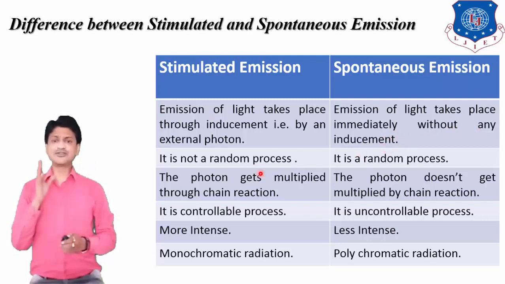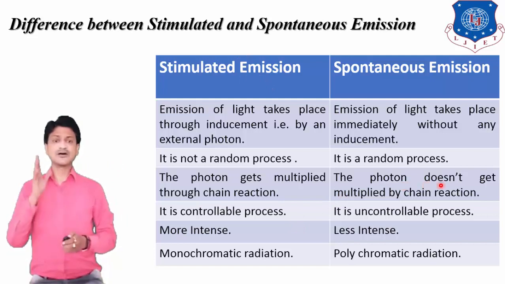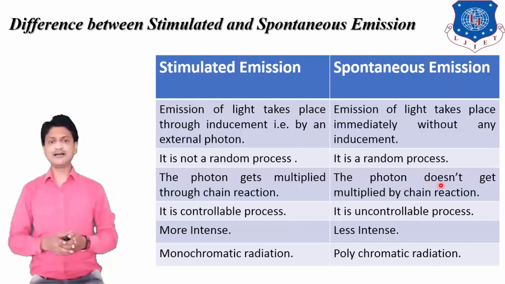Stimulated emission is not a random process, but spontaneous emission is a random process. The photons get multiplied through a chain reaction in case of stimulated emission. Whereas in spontaneous emission, the photons don't get multiplied by a chain reaction.